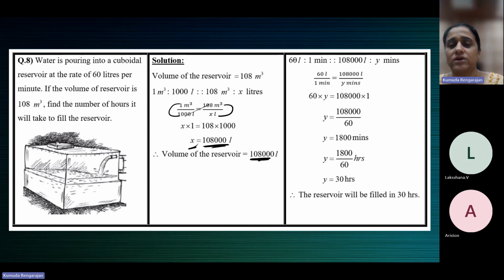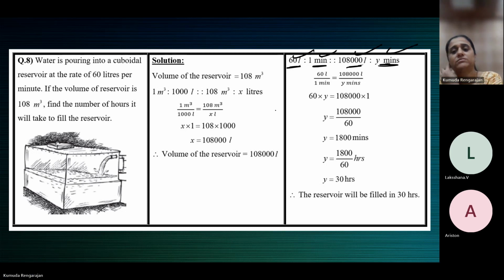Now again, you can use this proportion. 60 liters is filled in 1 minute. Then 108,000 liters will be filled in how many minutes? Since I've used x here, I'm using y here. Liter, minutes, liter, minutes.